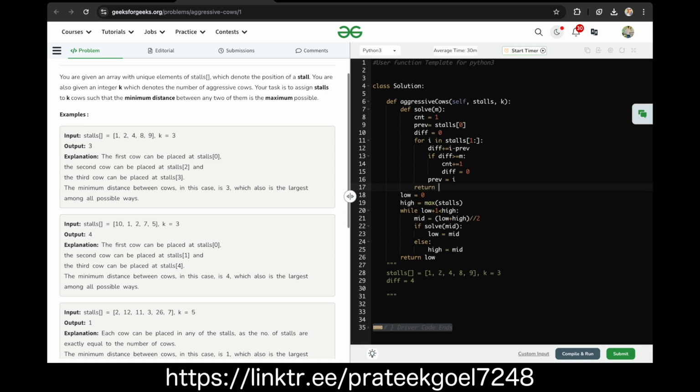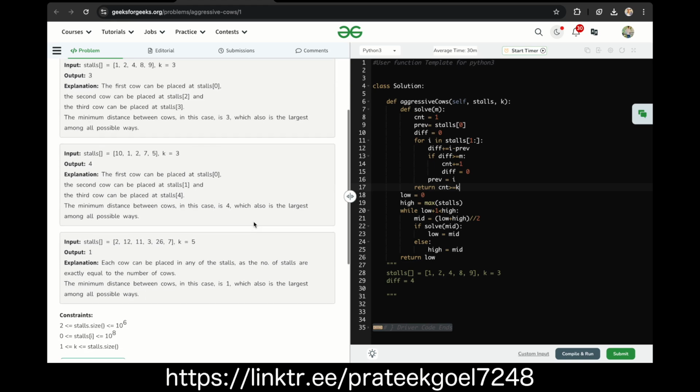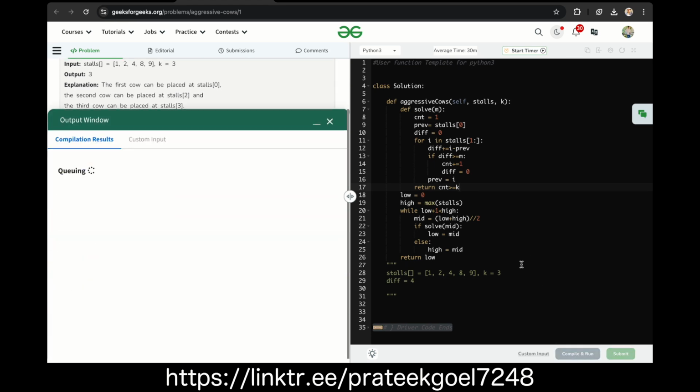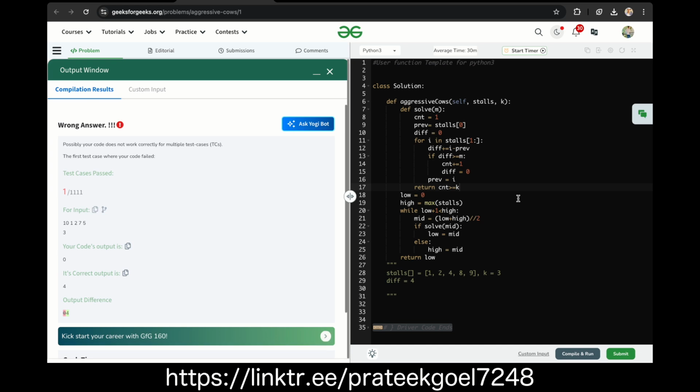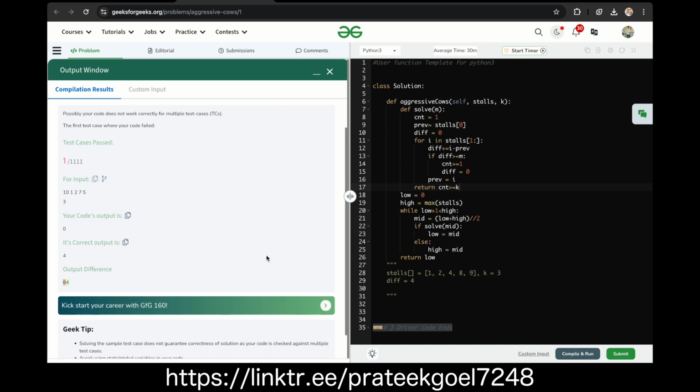Now we have to check the count. The count should be greater than or equal to k. So now let's try to run it. Okay, let's try to submit it.